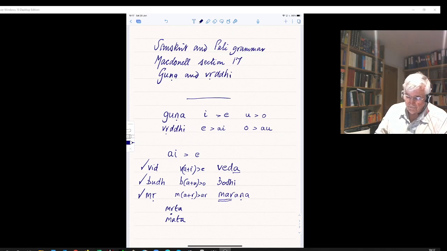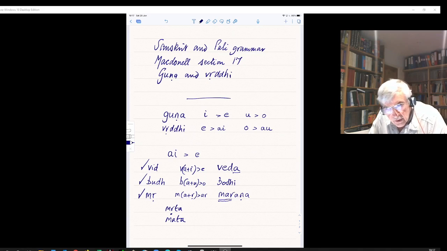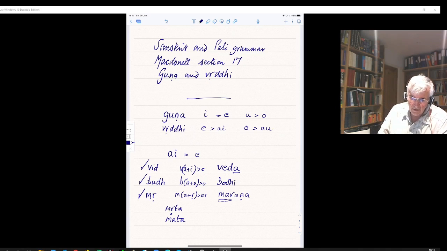You will very often find, in fact more often than not, that where you get a verb root with a short i or a short u, as in vid and bud, followed by not a consonant cluster but a single consonant, then more often than not that root vowel will be gunated in the present tense, or the whole of the present system, including imperfect, optative, and imperative.